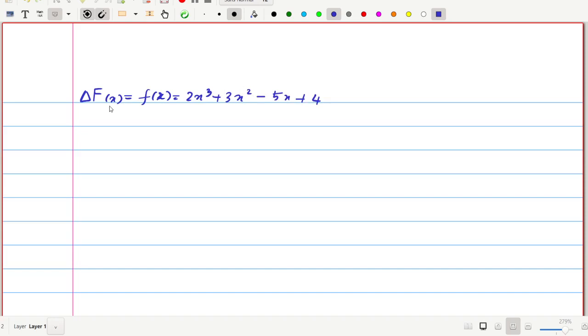Okay, so in order to find this capital F(x), we use a notation by transposing this delta to this, that is 1 by delta f(x). This is a notation, 1 by delta. We already saw that delta is analogous to differentiation, so this 1 by delta is analogous to integration.